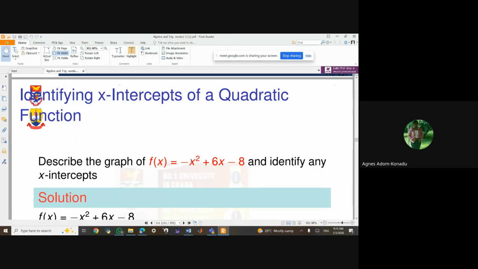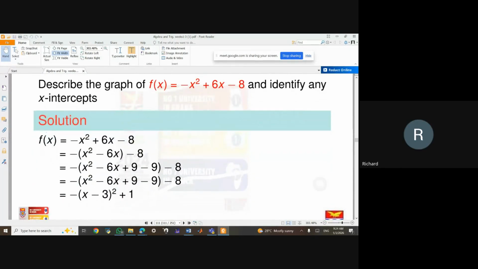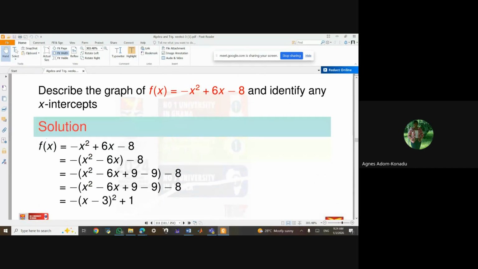Is it upwards or downwards? Downwards. So it means that are we going to get a minimum value or a maximum value? Maximum value. You get a maximum value. Okay, thank you very much.